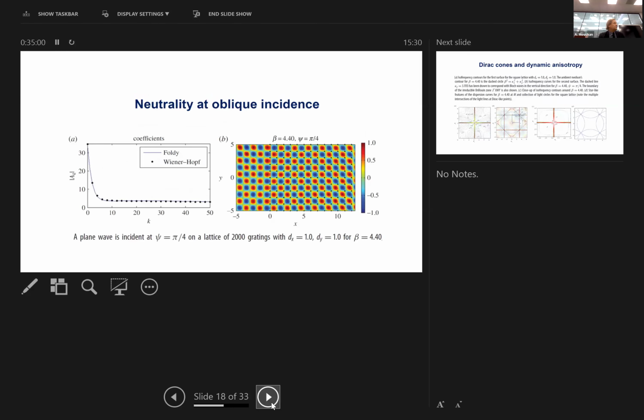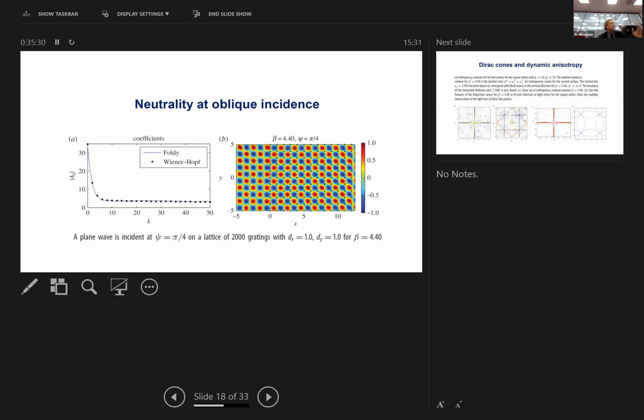You can do the same for oblique incidence, and this graph represents two methods. One is Wiener-Hopf, another one is so-called Foldy, where you can truncate the series and reduce it to an algebraic system. But Wiener-Hopf is the best option when you want to look at the neighborhood of the boundary.